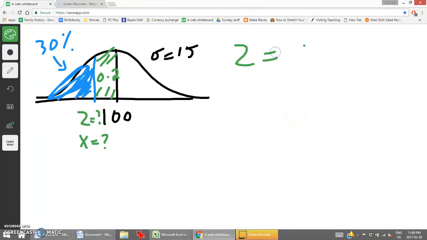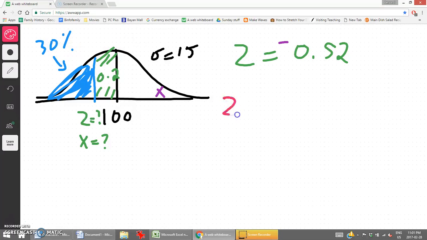However, when you draw this out, because the question states it's in the bottom 30%, we know that we are on the left side of the distribution, which means we are less than average, which would also indicate that the z value is going to be negative. If you forgot that the z value was negative, you're going to get a value indicating that the x value is somewhere up there.